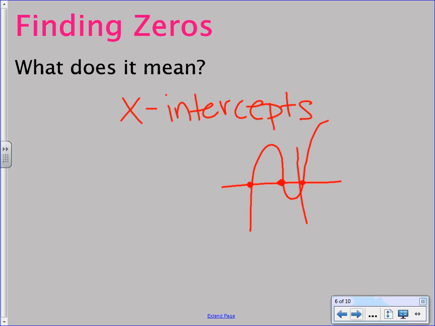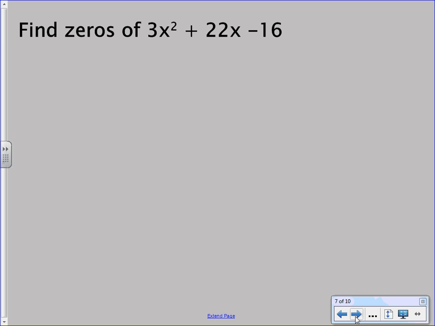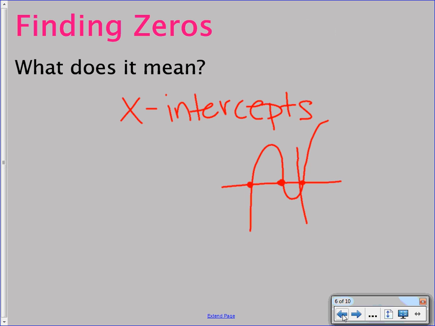Okay, so if we're going to do this algebraically, if I give you an equation, I forgot my f of x equals, I apologize. Okay, how am I going to find the zeros algebraically? Graphically we said the y values are 0 when we hit the x-axis.